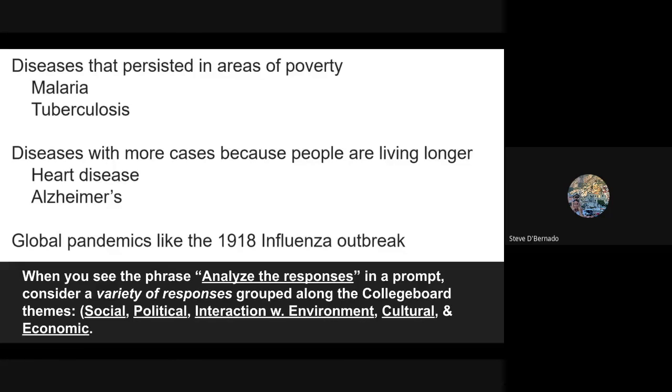When you see the phrase at the end of your College Board exam for the DBQ, if it says analyze the responses in a prompt, consider a variety of responses grouped along the College Board themes: social, political, interaction with the environment, cultural, and economic.